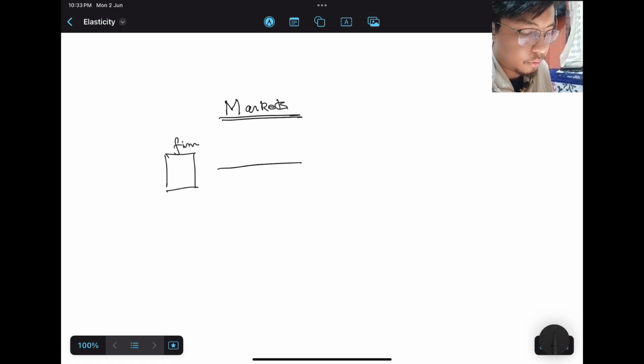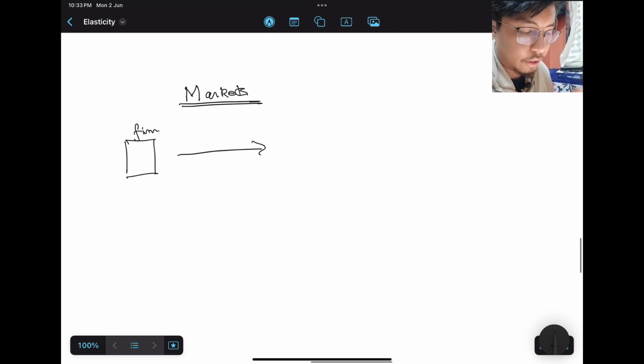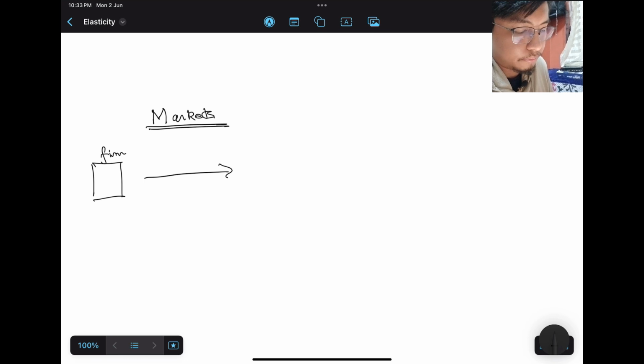Now what do I do? I find out whether my price elasticity of demand is more than one, or less than one, or equal to one. So accordingly I will set prices.